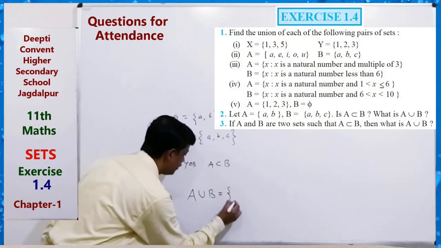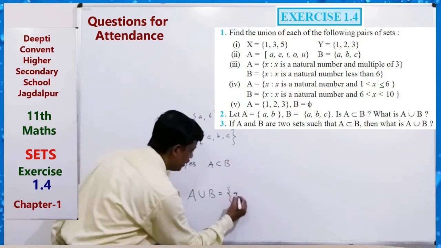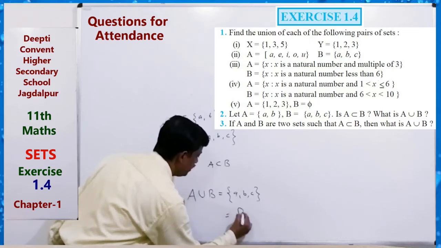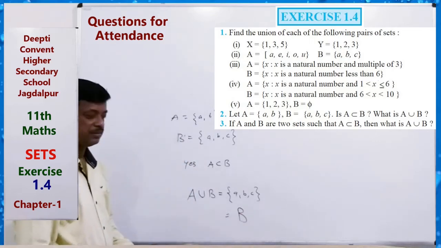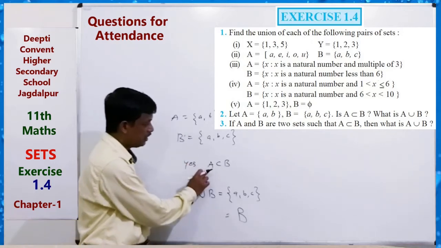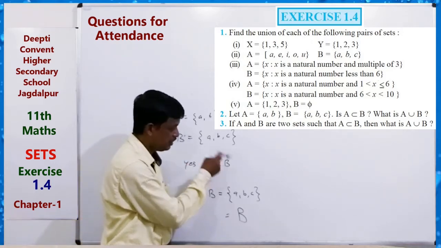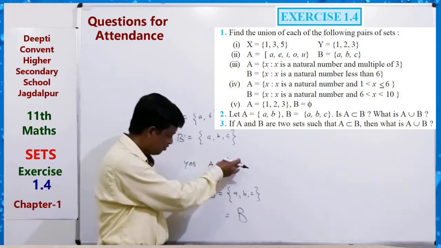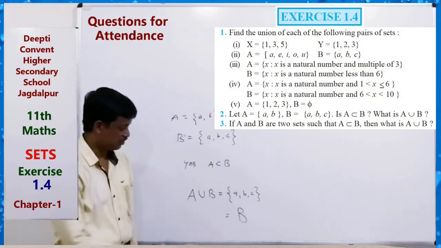We can write {a, b, c}. That is what? B. Because A is completely in B, taking the union we get the bigger set B. So A union B equals B.